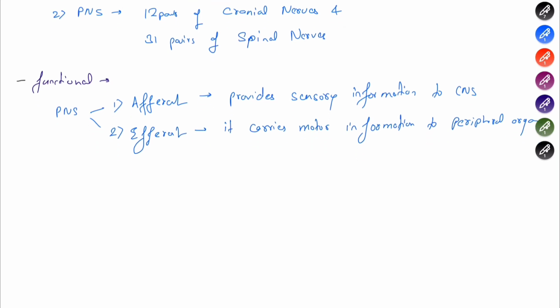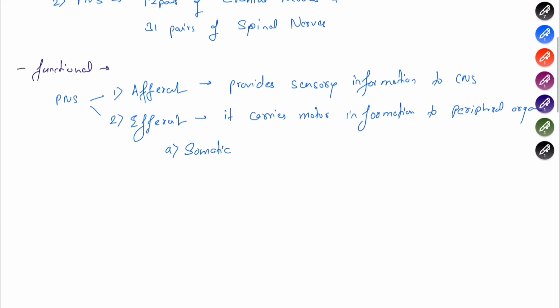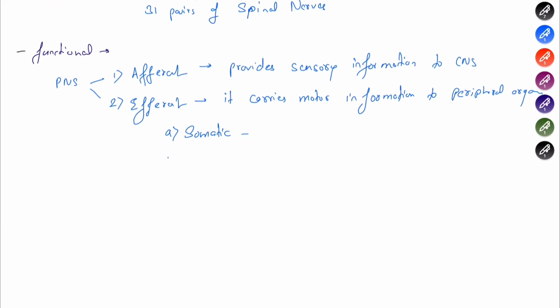Efferent fibers can be classified into somatic and autonomic nervous system. The somatic, it controls the skeletal muscle.